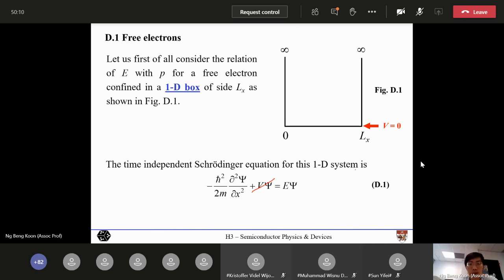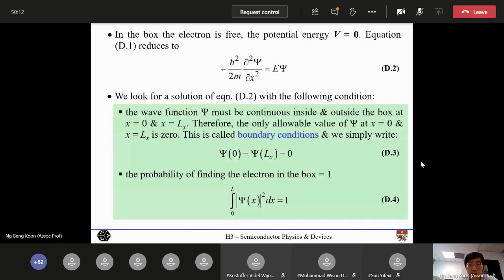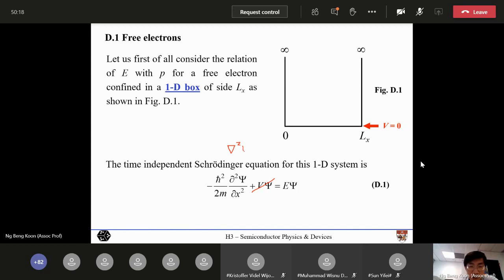That gives us a simplified form of the Schrödinger equation. In a one-dimensional problem, if you just consider the x-axis, the operator del is simply the second derivative of your wave function. That's why we are using the second derivative of the wave function here.